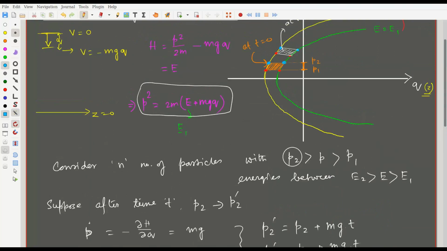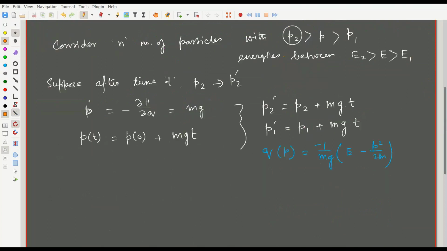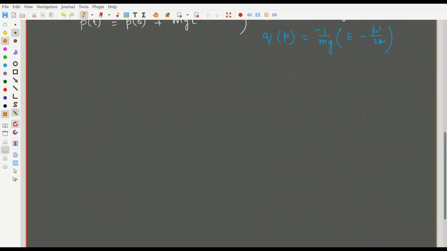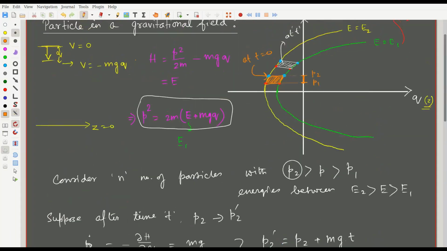The area of this closed region, in general I will call it the volume of the phase space at t equals 0, would be V equals the closed surface integration of dp dq. Basically you break this into small pieces, integrate over them, and that is your area.